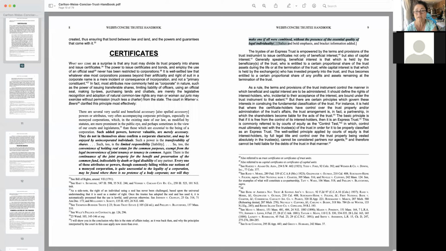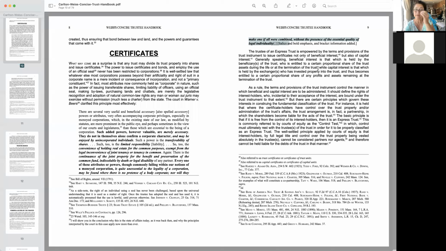The trustee of an express trust is empowered by the terms and provisions of the trust instrument to issue certificates not only of beneficial interest, but also of capital interest. That's wonderful. Generally speaking, beneficial interest is that which is held by the beneficiary or beneficiaries of the trust, who is entitled to a certain proportional share of the trust assets during the life or at the termination of the trust.